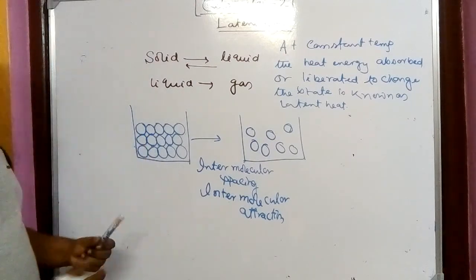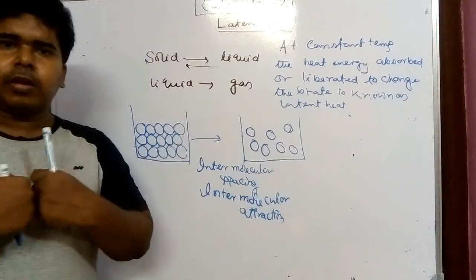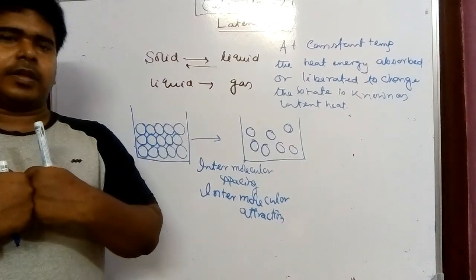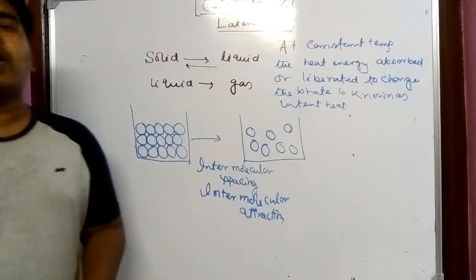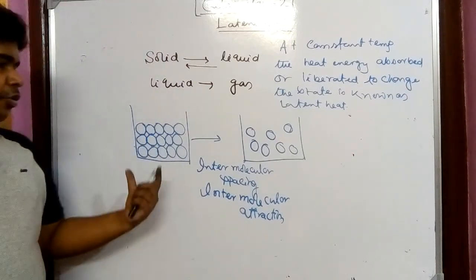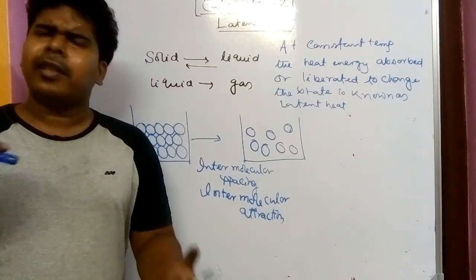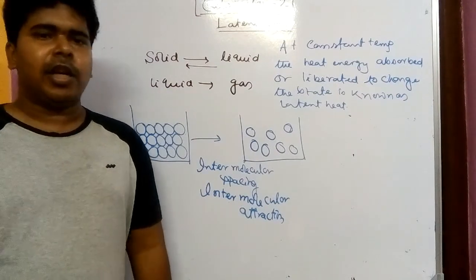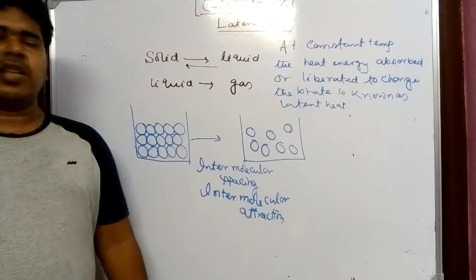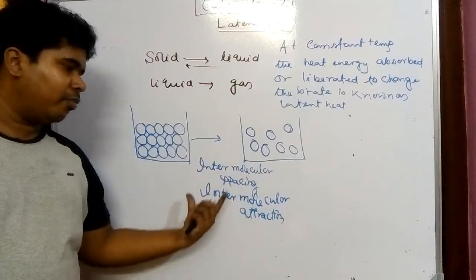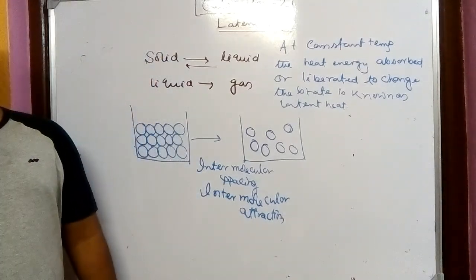So how should this bond be broken? The strong intermolecular bond is there due to the strong intermolecular force of attraction. To break it, you need to give extra energy in the form of heat energy, and that heat energy will not increase the temperature, rather it will change the intermolecular spacing or the intermolecular attraction.